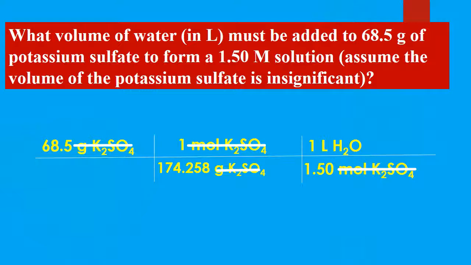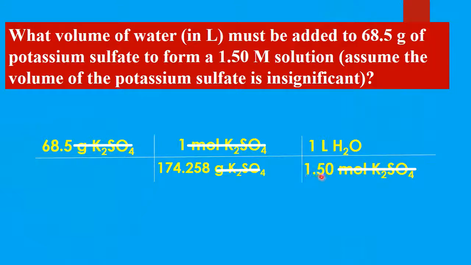And remember, it's all about working with the units. Let's go back, because we start with grams. We would need our grams to cancel. So we divide by grams of potassium sulfate in 1 mole, and we know how many grams of potassium sulfate we have. And we're given the molarity of the desired solution. So in 1 liter of water, we want 1.50 moles.